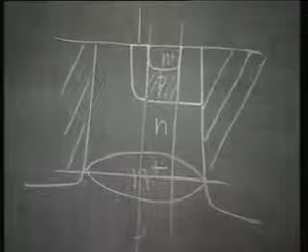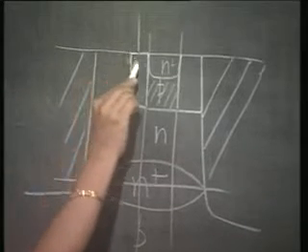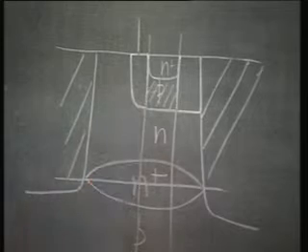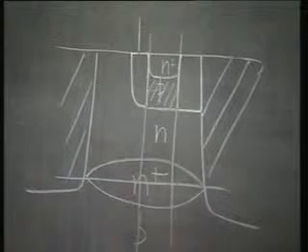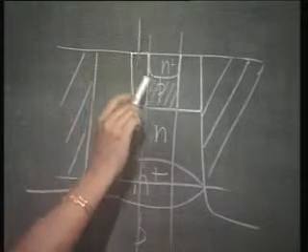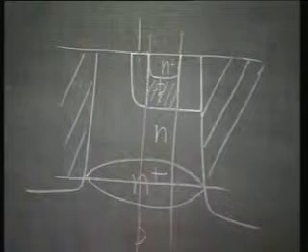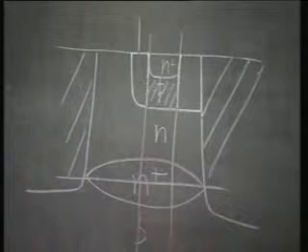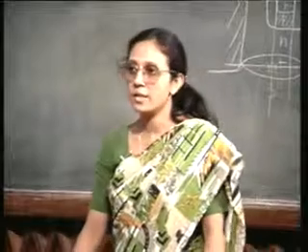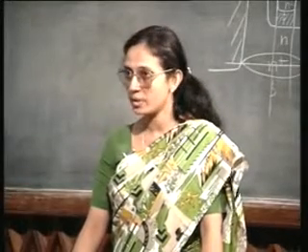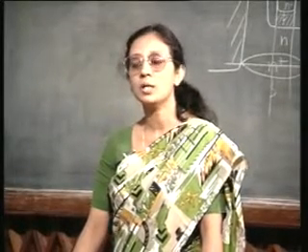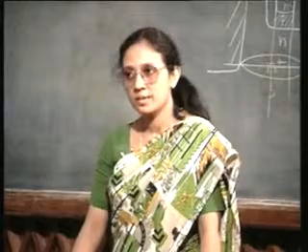So, when you are injecting a base current, the current must flow like this and go into the active base, right. So, you do not want unnecessary voltage drop in the extrinsic base. That means, you want the extrinsic base to be as highly doped as possible in order to cut down the voltage drop in this region.